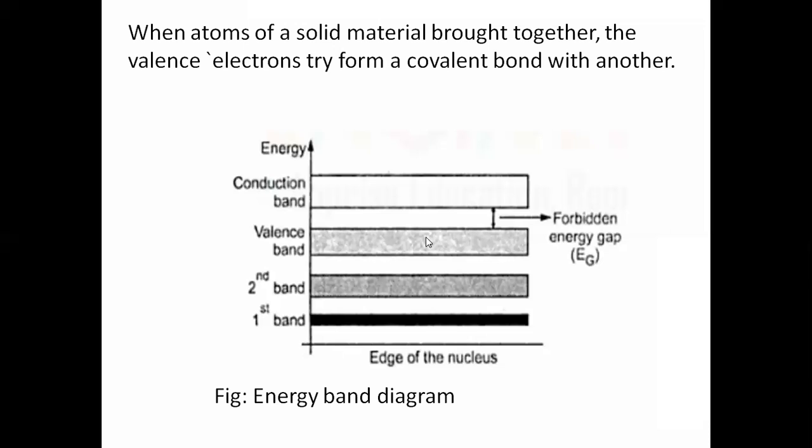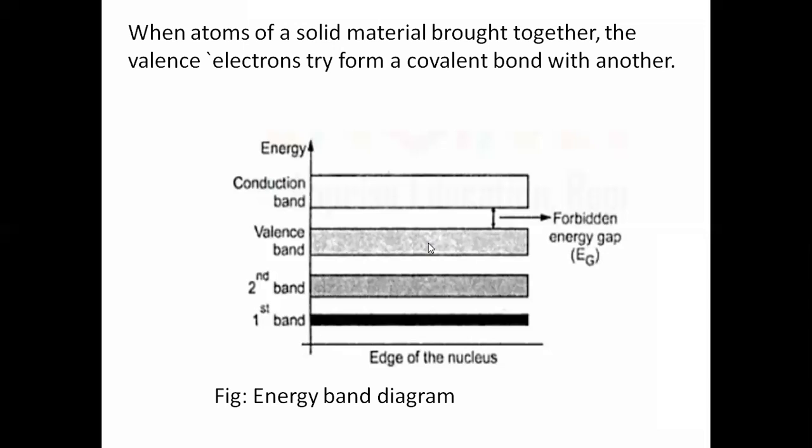Suppose we apply some thermal energy to this semiconductor, then the outermost electrons will be activated and jump to a higher energy level. The outermost orbit is the valence band.